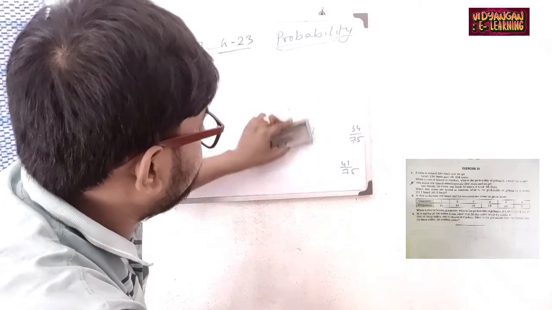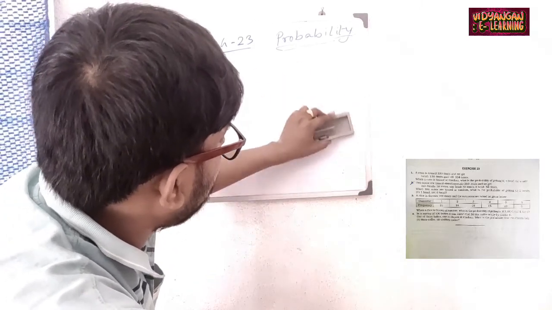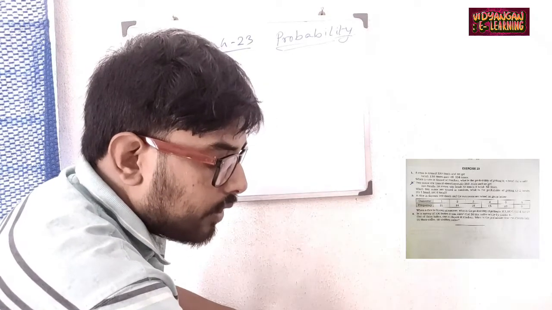Now question number 2. It is asked that two coins are tossed simultaneously, that is, two coins tossed at the same time, 200 times.